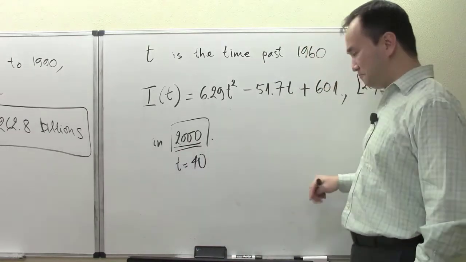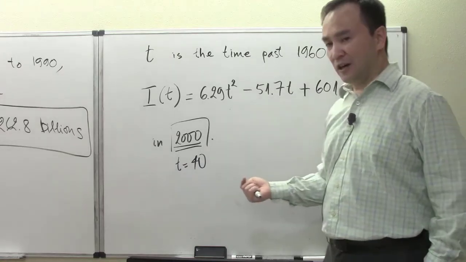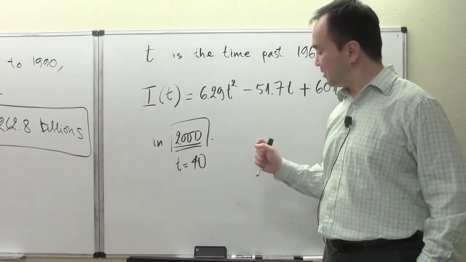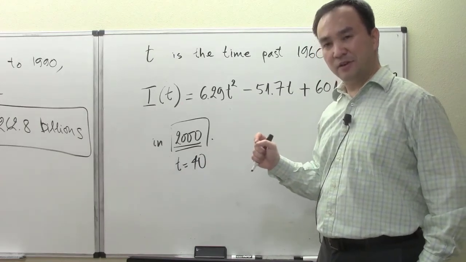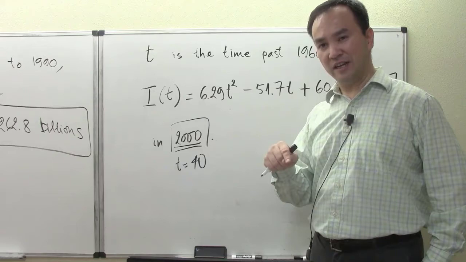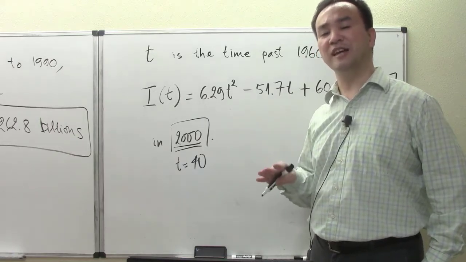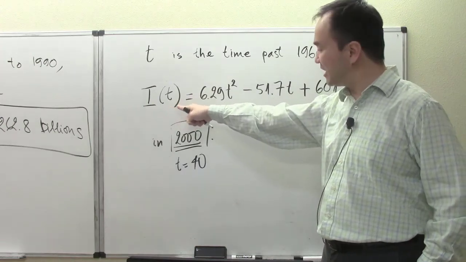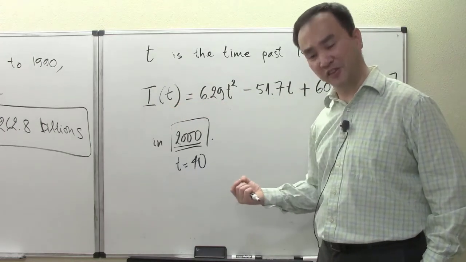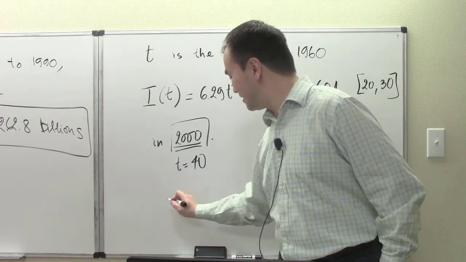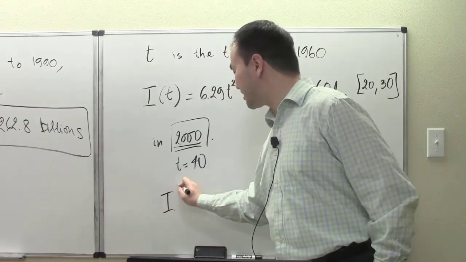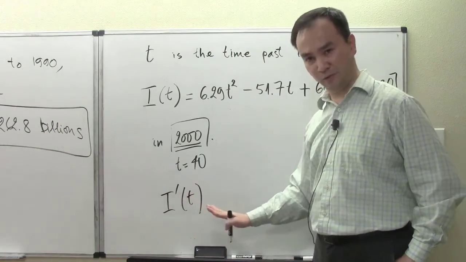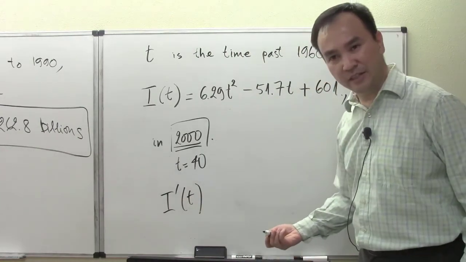Now I've spent a significant amount of time throughout the general lecture talking about what instantaneous rate of change means in terms of our work here in calculus. We're specifically looking at the derivative. The only key to get to the instantaneous rate of change out of any function is to find the derivative. In your experience up to this point, taking the derivative of this function, I prime of t, is simple work for anyone viewing this video lecture.